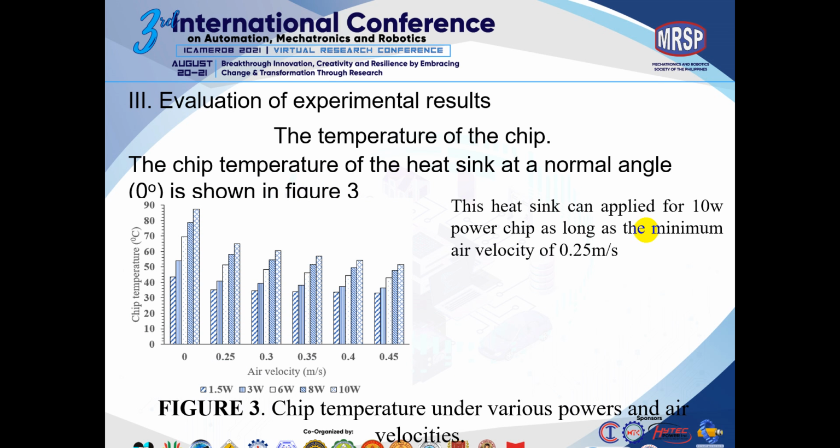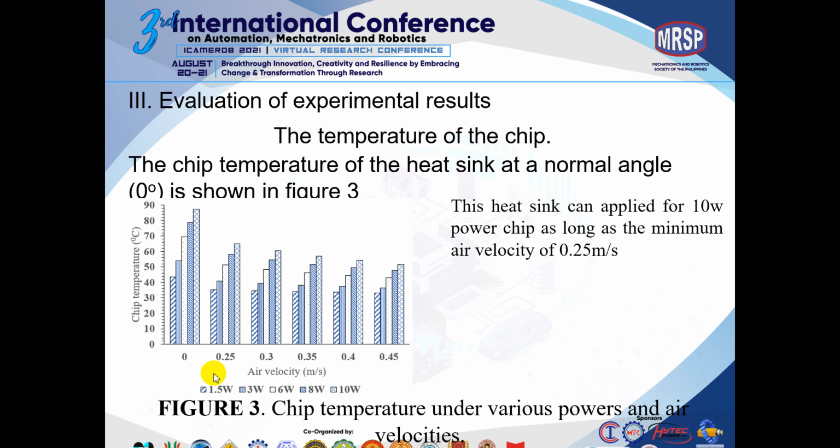And this is my main result. This is the temperature of the chip. We applied different power on the chip: 1.5 watts, 3 watts, 6 watts, 8 watts, and 10 watts. And we investigate under different air velocities.